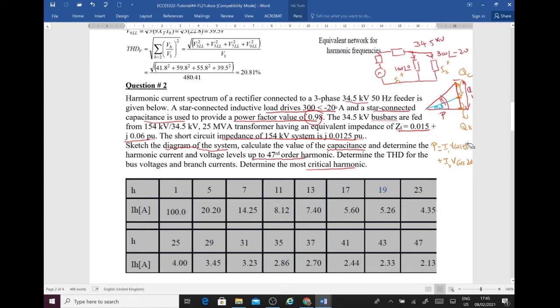So that will give us P. And then we can find also Q: I1 V sine 0 plus I2 V sine 20. So that will give us Q.